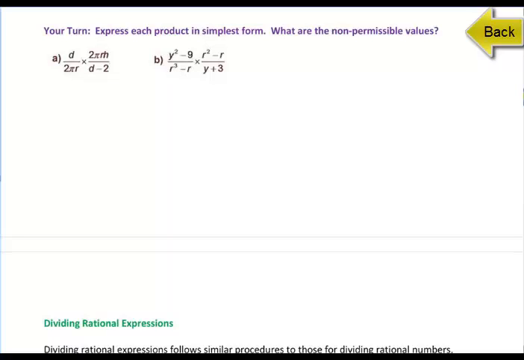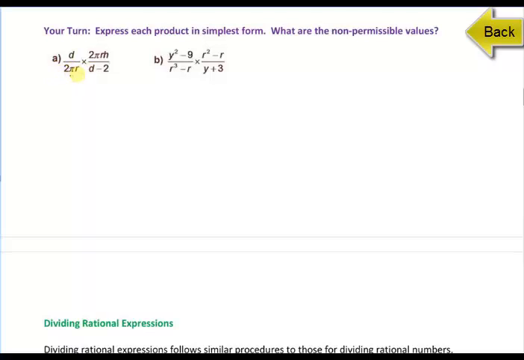Okay, so for A, we have d over 2 pi r times 2 pi r h over d minus 2. And we can do some reducing before we do anything. And also note that you can't do any factoring here. So that would not be a first step on this one.